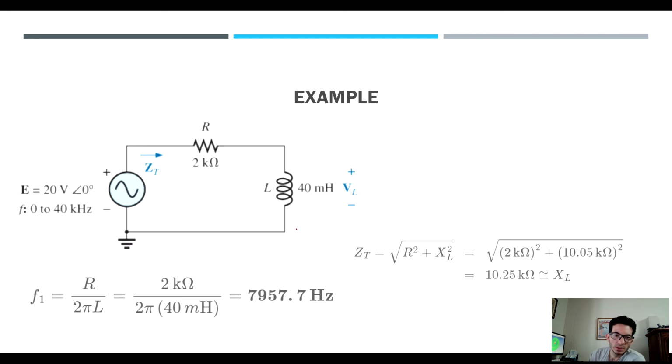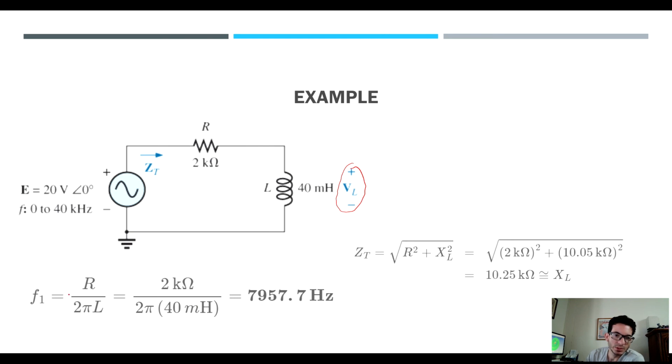For example, we have a voltage source with 20 volts varying from 0 to 20 kilohertz. They tell us that the resistor is 2 kilo ohms and the inductor is 40 millihenries. What is the voltage drop at the inductor?